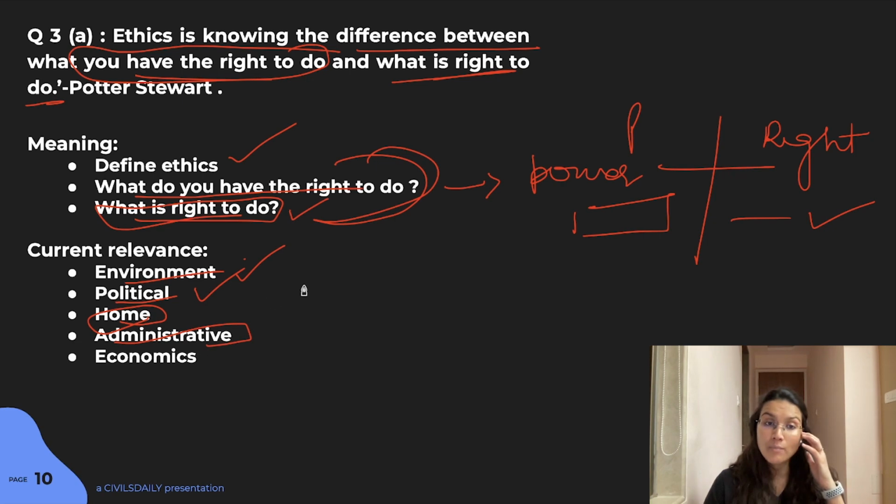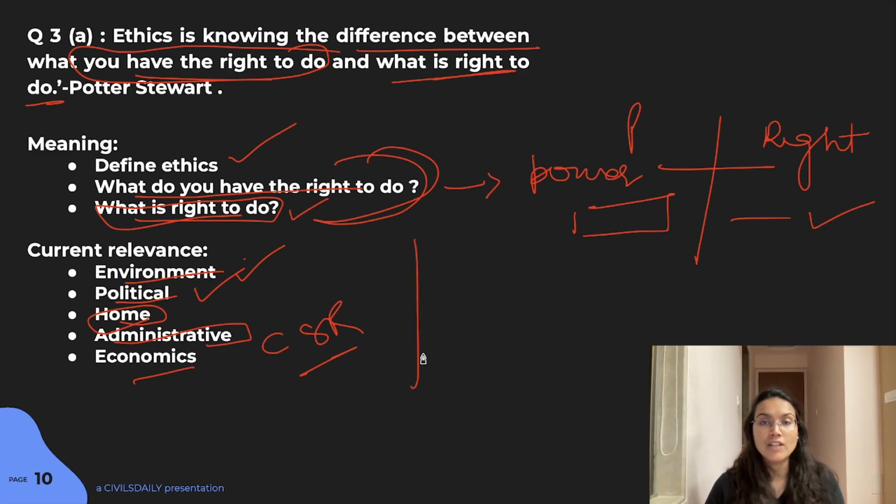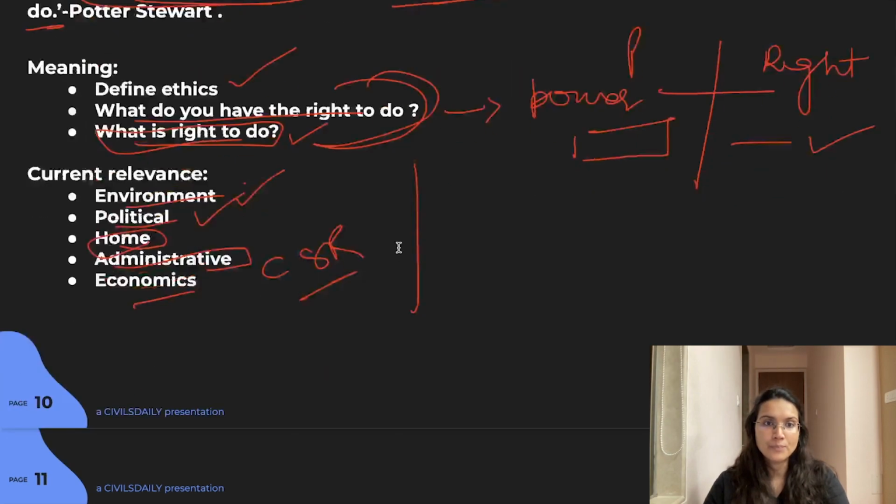Administrative also you can bring in one aspect, and even economics, like CSR things, how there have been multiple misuses of CSR. So again, what you have the right to do and what is the right thing to do. So these are the multiple areas you can connect to. It's necessarily not the heading, but the areas you can dive into when you're talking about this particular question, right?